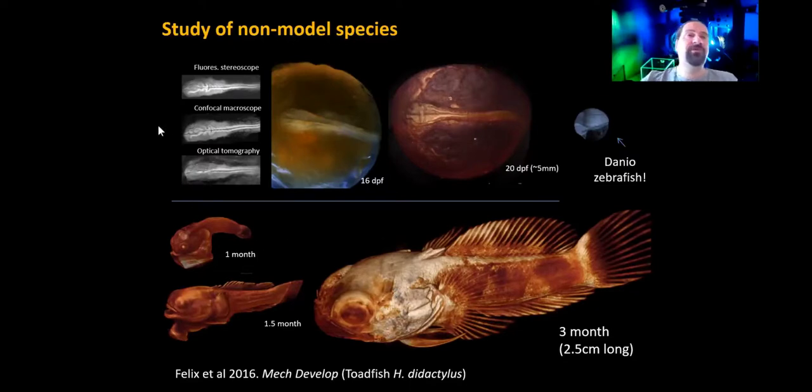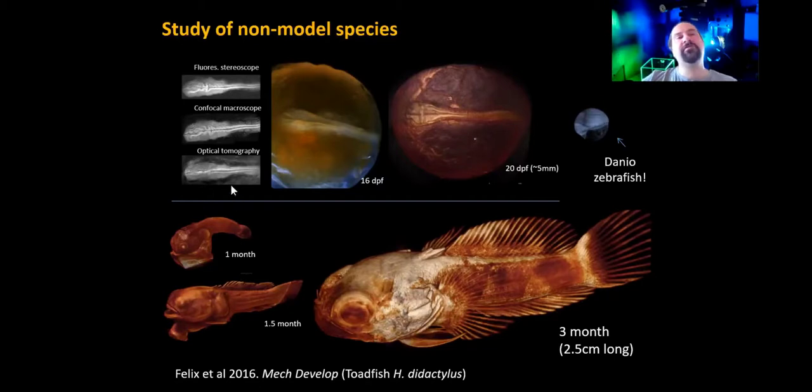And just to give you an example, if you put this on a fluorescent stereoscope, this is what you see. If you put it on a confocal macroscope, you get a little bit more detail. Obviously, you can do some form of three-dimensional imaging, but you're using very low numerical aperture objectives, so you're very limited in your ability to do direct optical slicing.